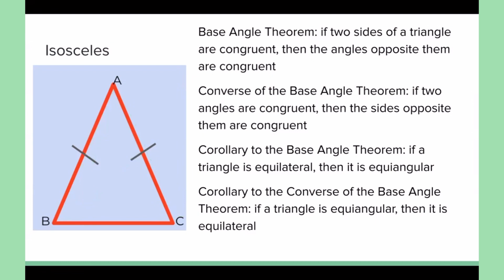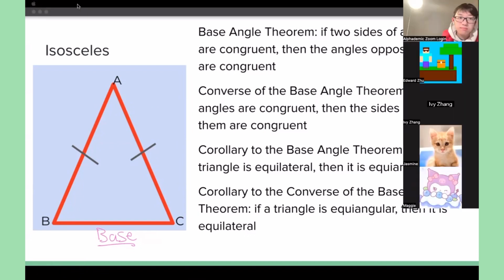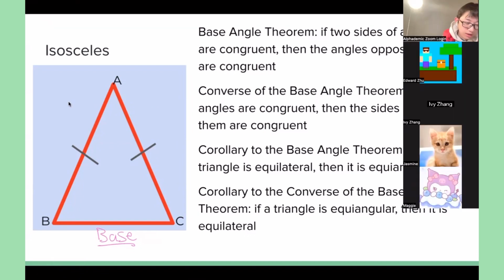And now I'm going to just go over a bit of the vocabulary for an isosceles triangle. Whatever the bottom one here is called the base. The base is always the side that is not congruent to the other sides. Right here, you can see that these two are congruent to each other.